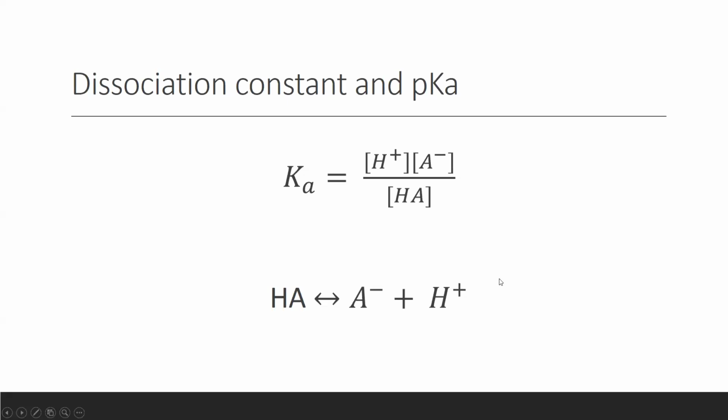However, in the body, there are multiple weak acids, all of which interact to lead to a pH. We've seen that a rising H plus should push the equilibrium towards the unionized molecule. Thus, the pH of a solution that the weak acid enters can also determine how it will behave. And by that, I mean whether it stays on the left side or the right side of the equilibrium.